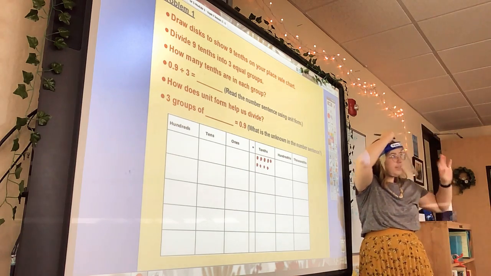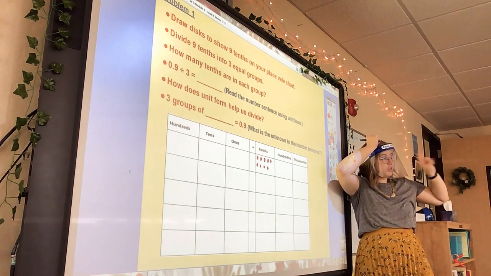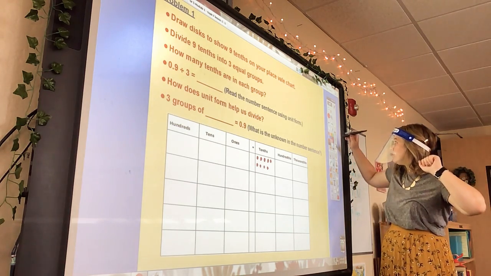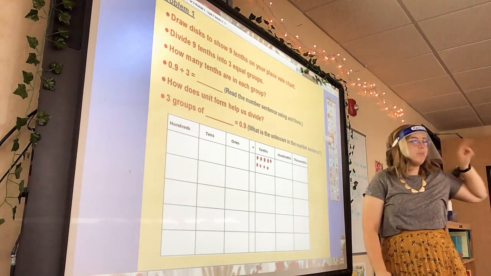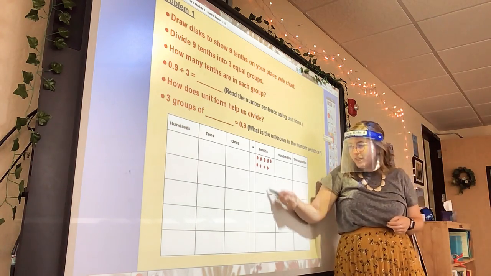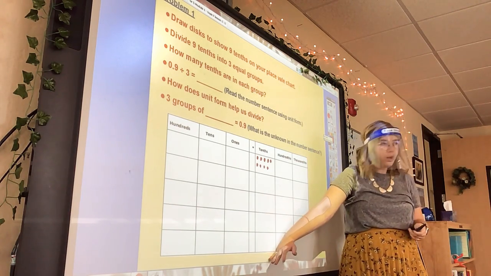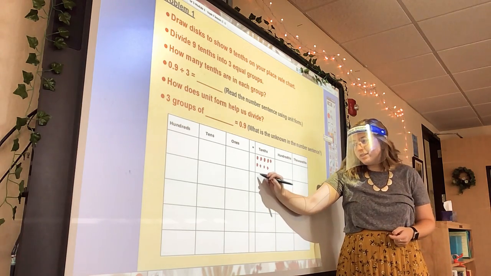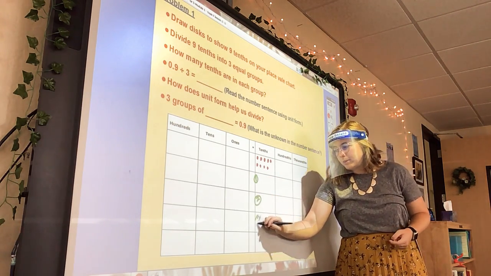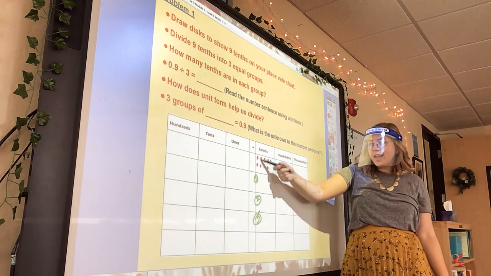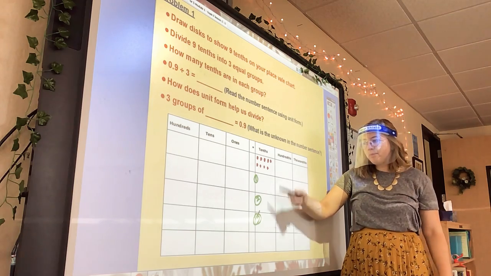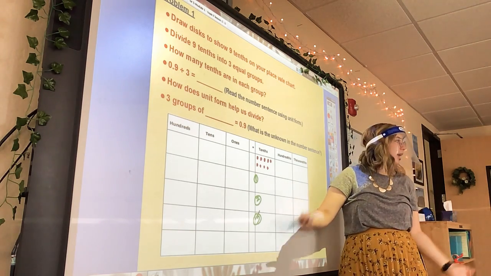So listen carefully and watch carefully because there are 2 different ways that you can do this, okay? I'm going to show you both. So one way you can do this is think of these boxes below as 3 groups, right? So here's 1 group, 2 groups, 3 groups. And then I just take each of these little dots, these place value discs, and place 1 in each until I'm done.